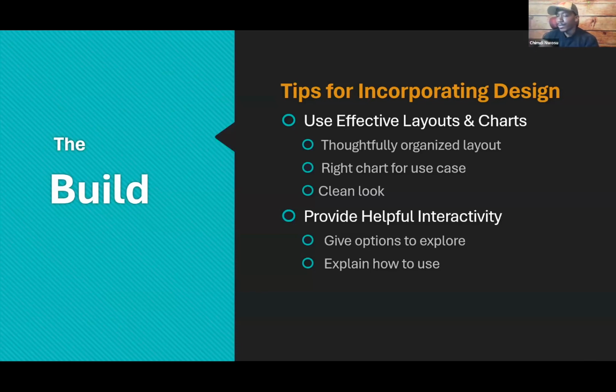They can filter through. We're showing them with whatever functionality we're providing, here's how you interact with it. Because people need to know how to interact with the product to actually be able to use the product. And it's up to us to give them the chance to do that by helping them and giving them those insights that allow them to see the business and make the decisions they're looking to make.